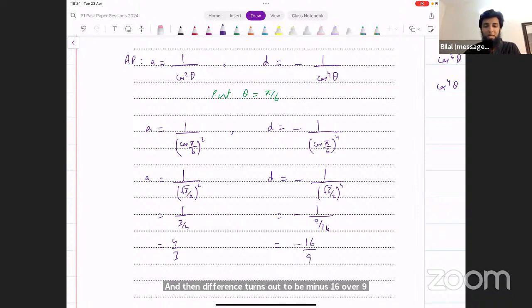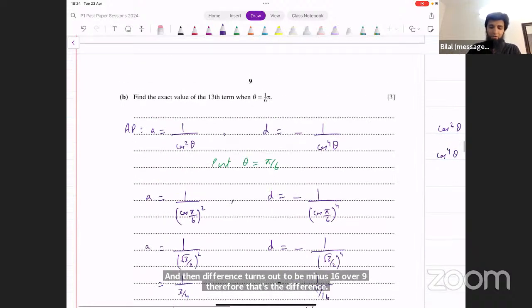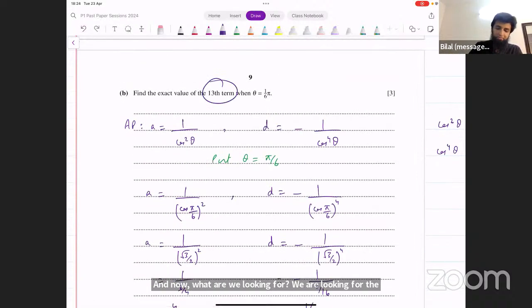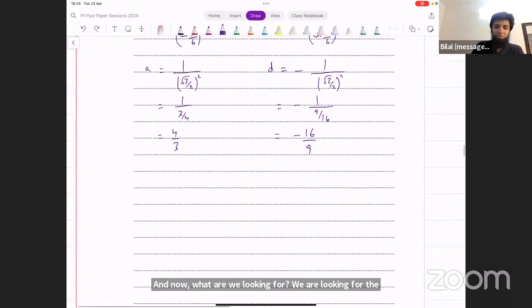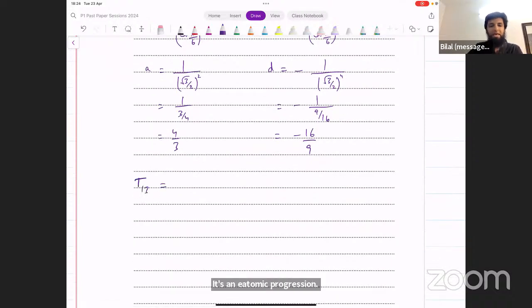That's the difference. And now what are we looking for? We are looking for the 13th term. It's an arithmetic progression, T13. What's that going to be? A plus n minus 1 times D is 4 over 3 plus n minus 1. That means 13 minus 1, which is 12, into the difference, which is minus 16 over 9.